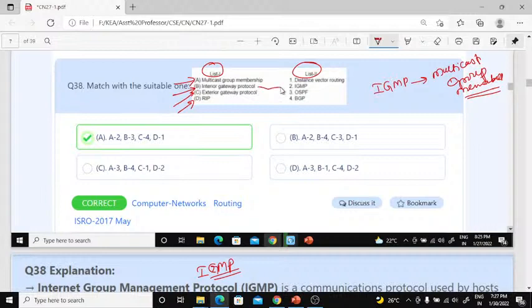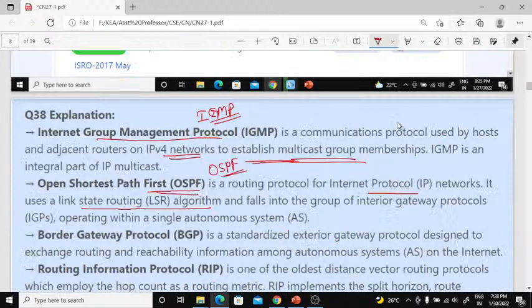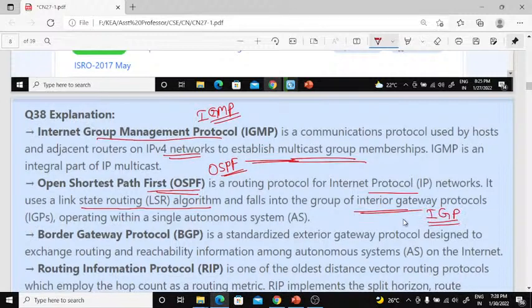Okay, so that is 2. It is a routing protocol that uses the link state routing algorithm and falls under the interior gateway protocol.